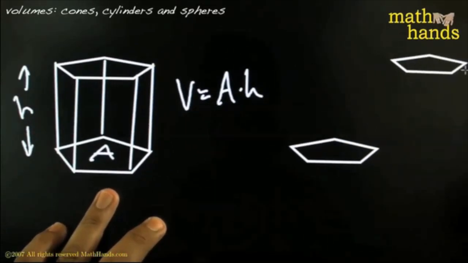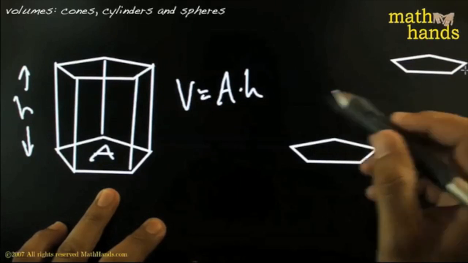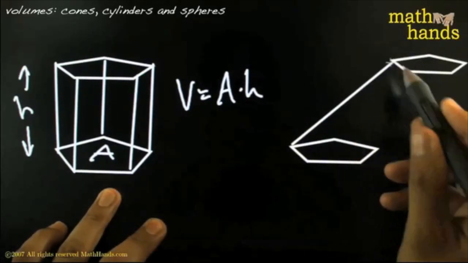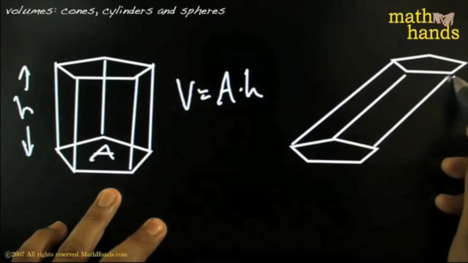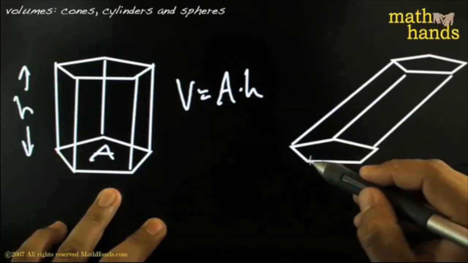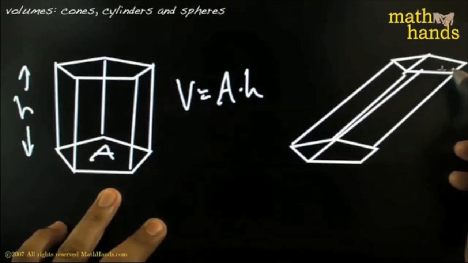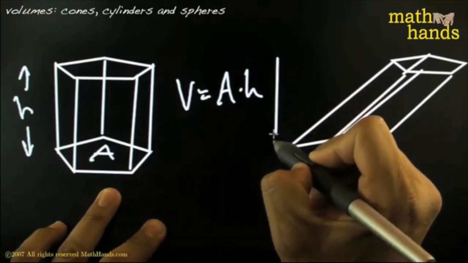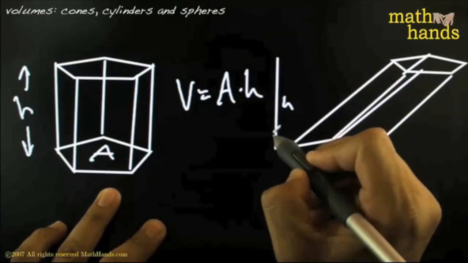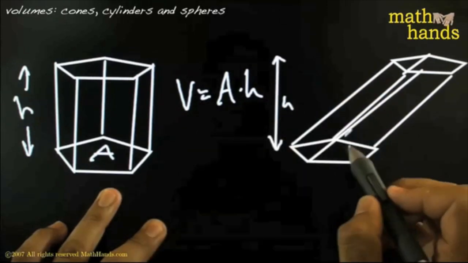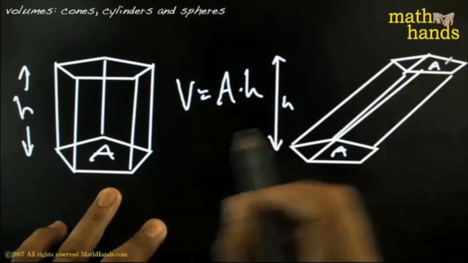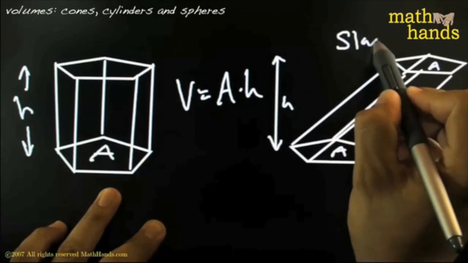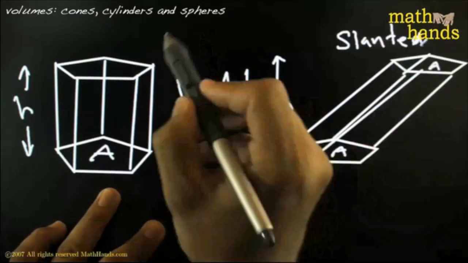If it was slanted like this, the question is, which would have more area now? The one that's straight up like this, or they both have the same height? If you measure it this way, H, they have the same height, and they both have the same area on the bottom, A. The question is, which one would have more volume? The one that's slanted, or the one that's upright?